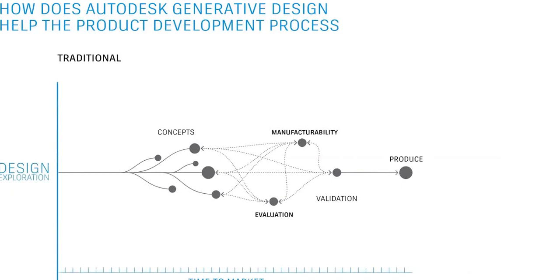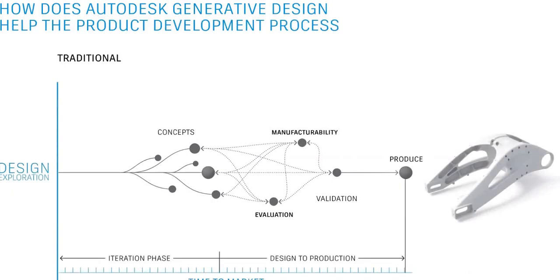You check for manufacturability. And throughout this process, you're not really exploring a range of options. You're typically exploring a small handful of options that are close to what you might have manufactured in the past. And in the end, you might be bringing a product to market that took longer than you would have hoped. And it might be compromised for some of the manufacturing process because you haven't explored a wider range of options.